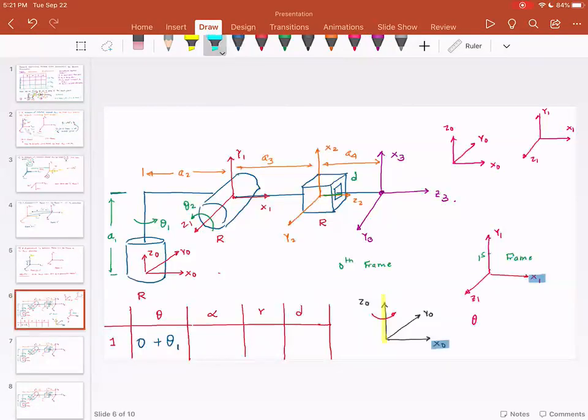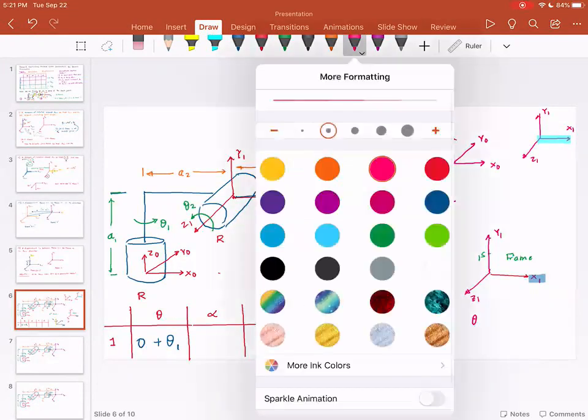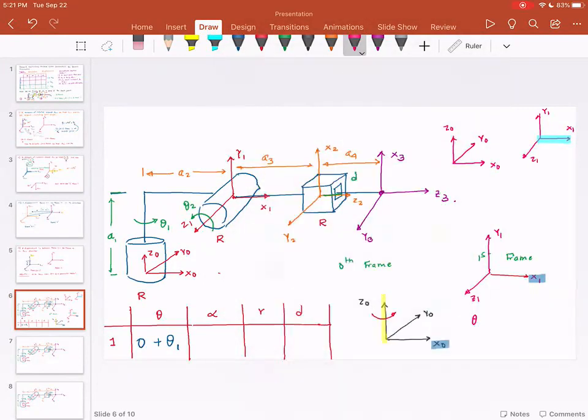So the frame about which we have to rotate is this, but the one that needs to get rotated is Z0. I want you to understand that the only way Z0 and Z1 can align is if I apply the rotation of 90 degrees. This is for alpha.